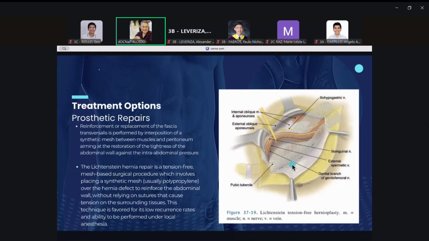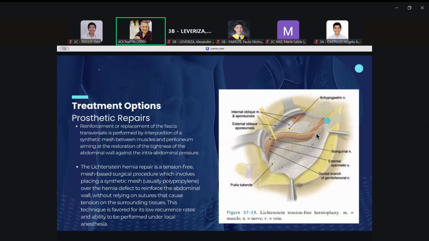So, of course, the most popular and associated with the least recurrence is your prosthetic repair. And, of course, the very popular procedure now is the Lichtenstein tension-free hernioplasty. No? And it involves laying down the mesh on the defect, no?